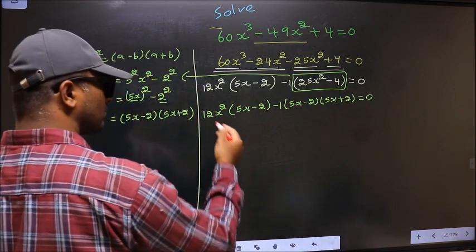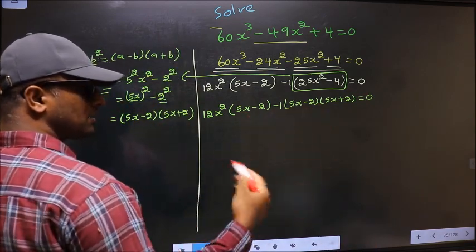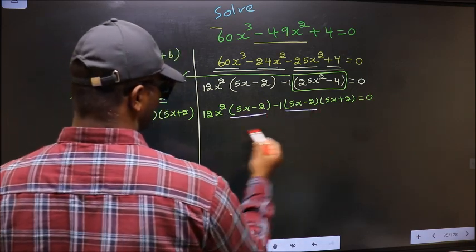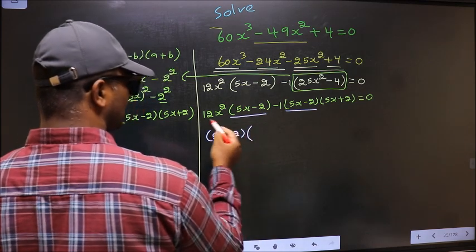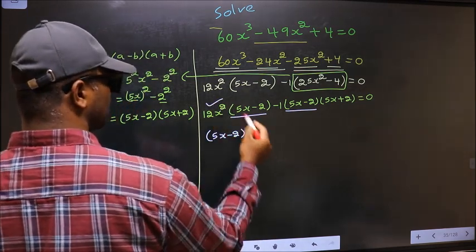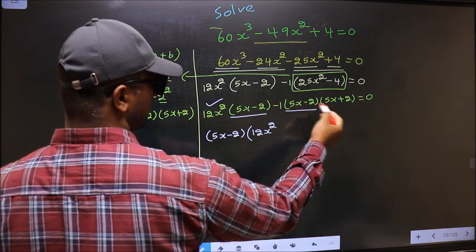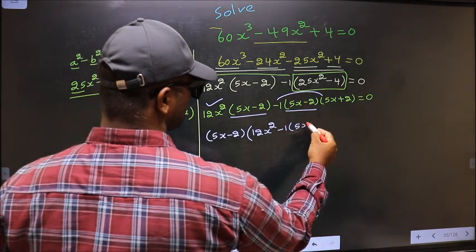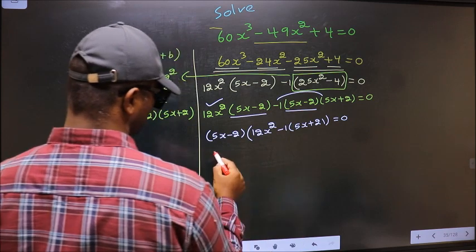Next, from this entire equation, what can be taken out common is 5x minus 2. So 5x minus 2 outside. Over here we are left with this 12x square, and over here we are left with this, that is minus 1 times 5x plus 2 equal to 0.